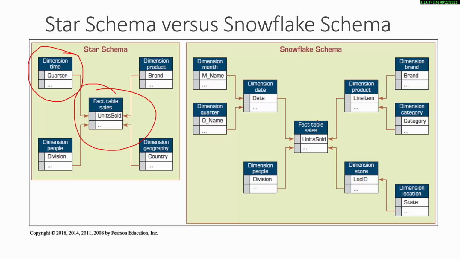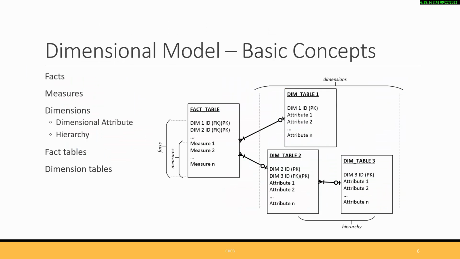The snowflake schema is a logical arrangement of tables in a multi-dimensional database in such a way that the entity relationship diagram results looking very similar to a snowflake. And you can see again you have a fact table in the center connected to several dimension tables.